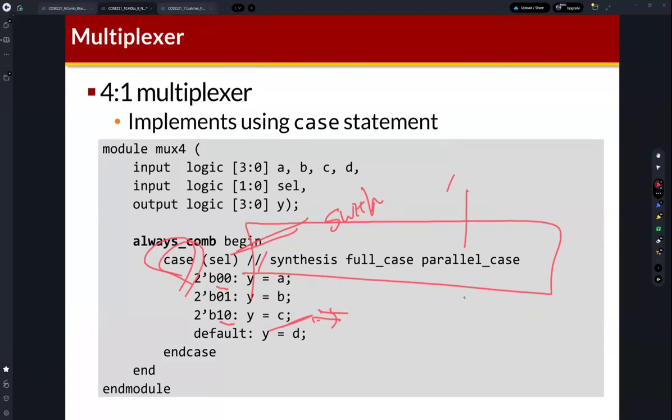I also explained the synthesis primitive, the special command for synthesis.